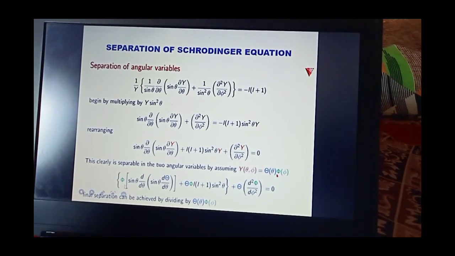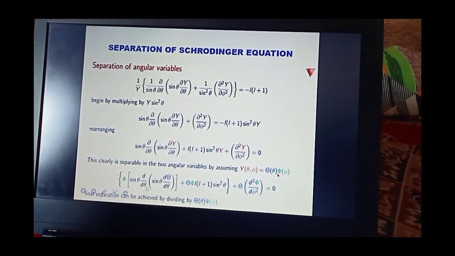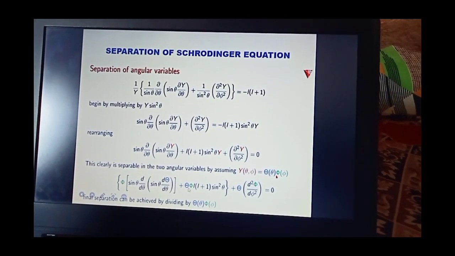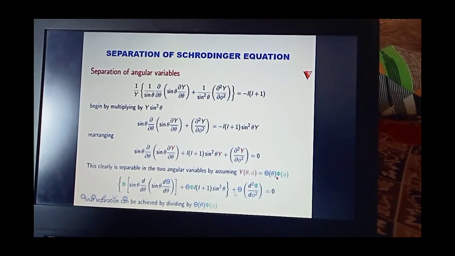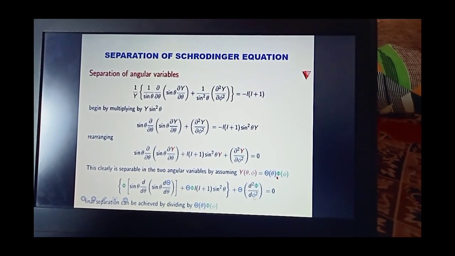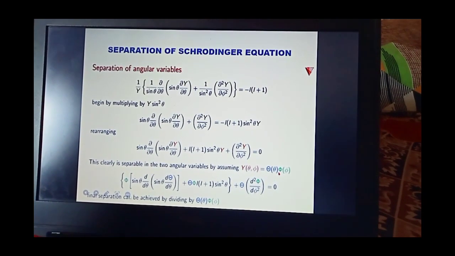And our last equation is Φ sinθ d/dθ (sinθ dΘ/dθ) + ΘΦ L(L+1) sin²θ + Θ d²Φ/dφ² = 0.